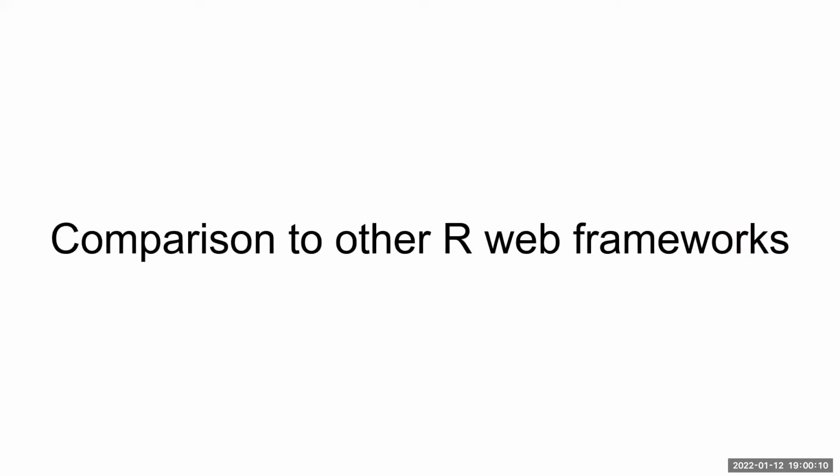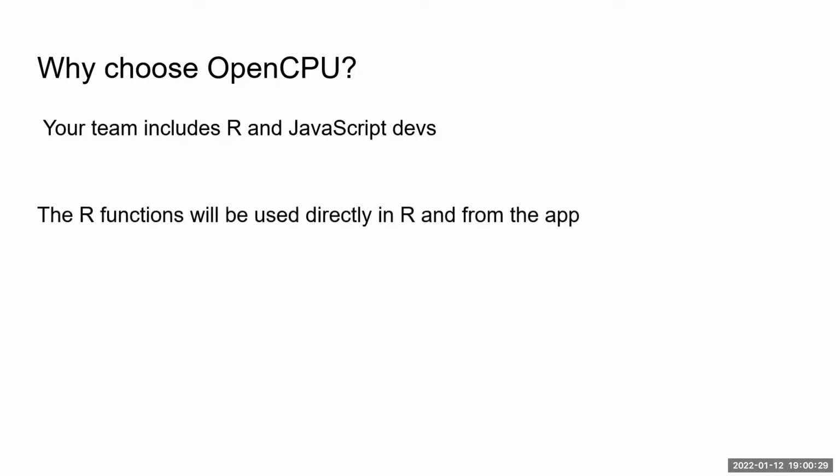So we chose OpenCPU, which worked really well for us. Compared to some other web frameworks, why would you choose OpenCPU like we did? If your team is multilingual, with R developers and JavaScript developers, and you want them to use their expertise in their own domains without having to install each other's tools, OpenCPU is great. It's also good if you know the R functions will be used directly in R as well as from the app.